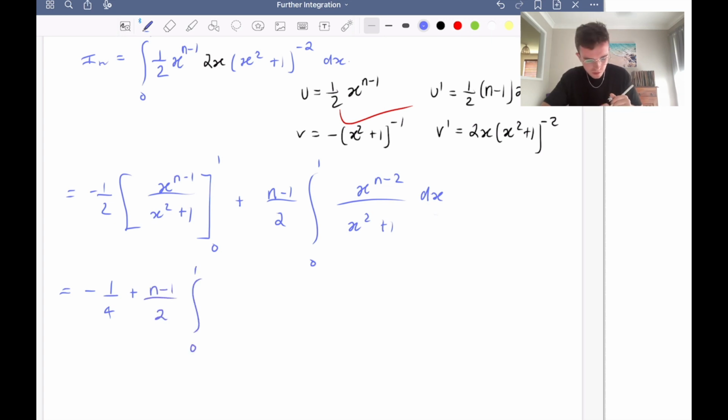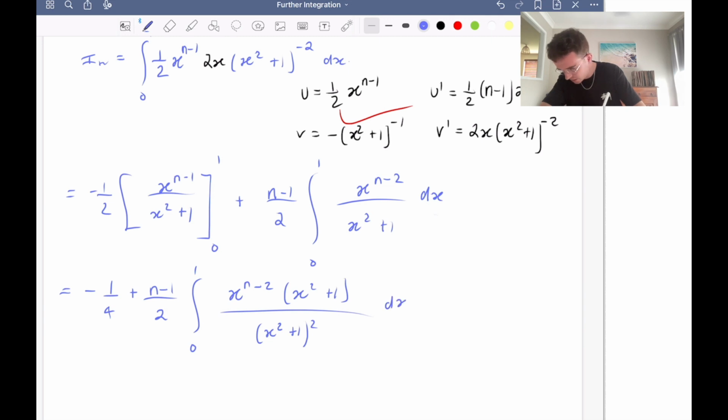integral from 0 to 1. Let's times the top and bottom by x squared plus 1, because that's going to make it much easier, because then we can expand the top, and if we expand the top, we're going to get x to the n, and we're going to have a minus x to the n minus 2, and it's going to be a bit easier to integrate that. So that's going to be x to the n minus 2 times x squared plus 1 over x squared plus 1 squared dx.